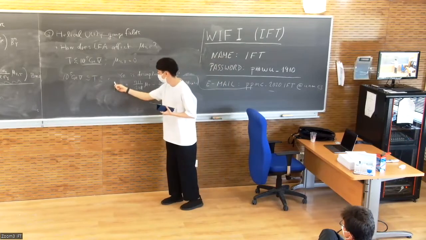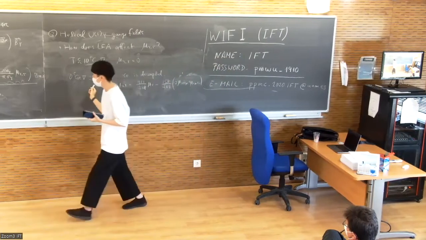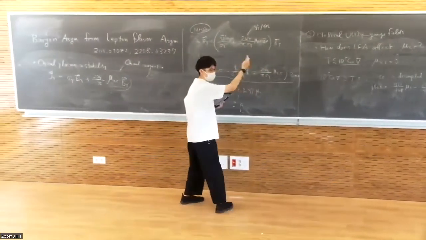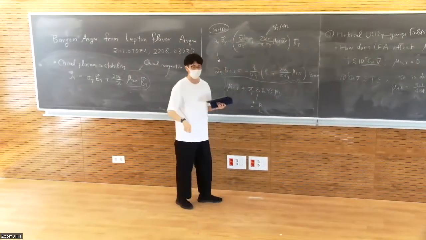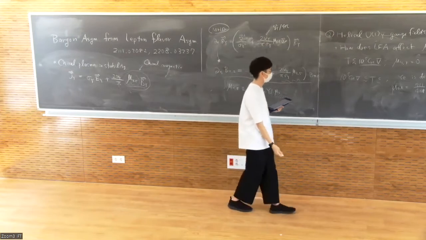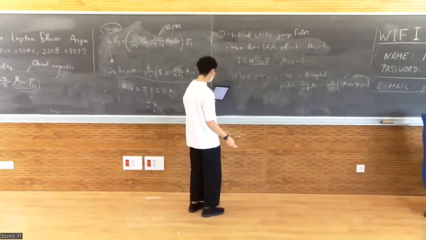So since we have this number, we have the instability, and you are generating some large scale magnetic field in the early universe. And what happens once they get generated?